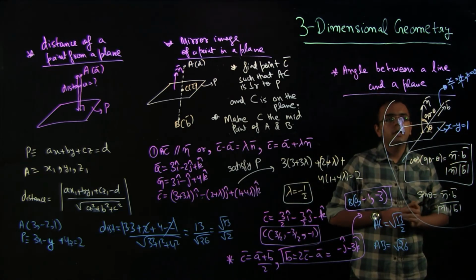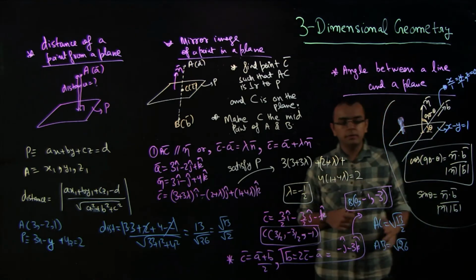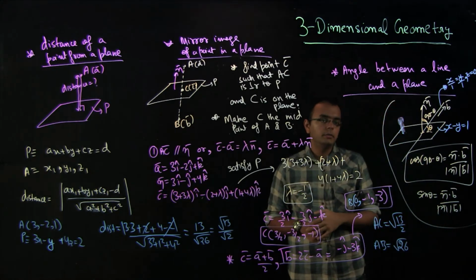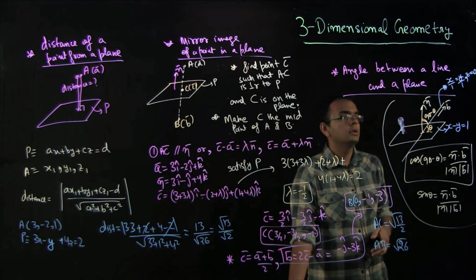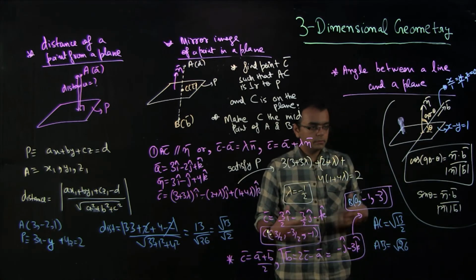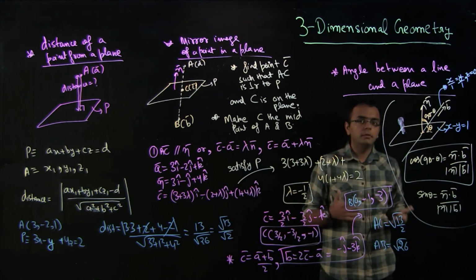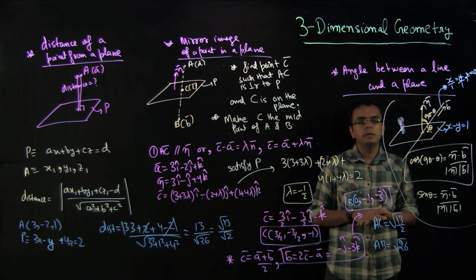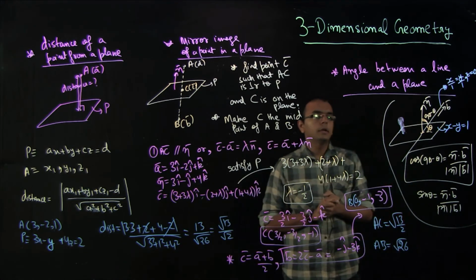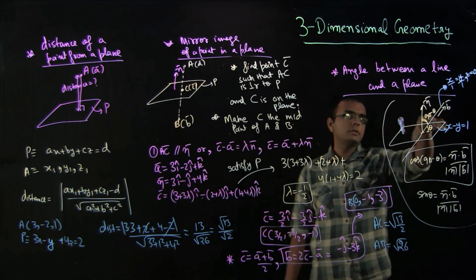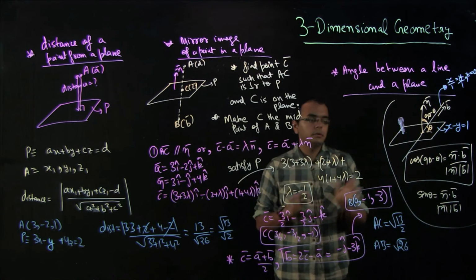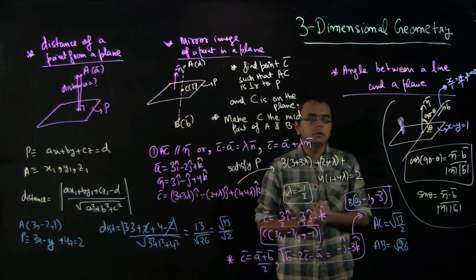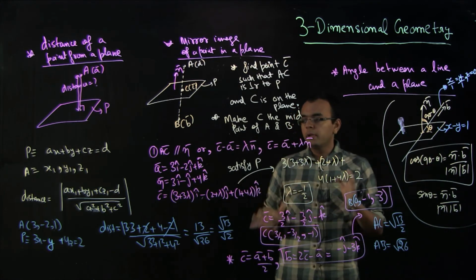Okay, and you can try to find sin theta and find the angle between them, and you will realize that sin theta turns out to be 0, or theta is 0, basically the line is parallel to the plane. So I hope you can quickly do it yourself to find what I am trying to say, but that was just an idea to help you understand. So I hope it made sense.